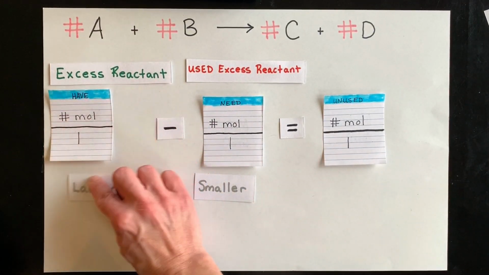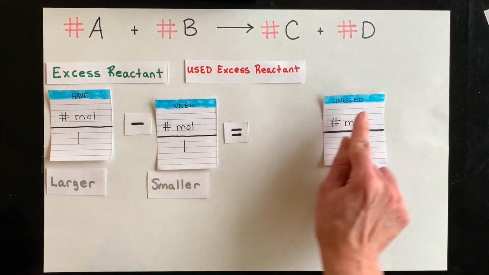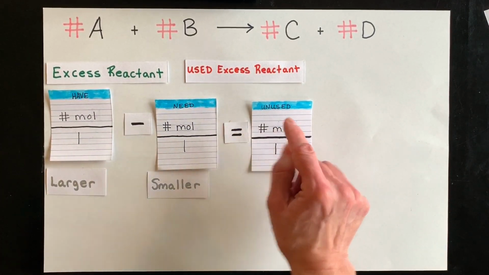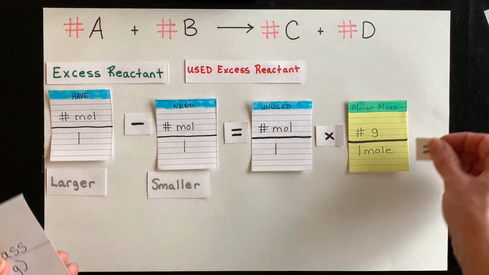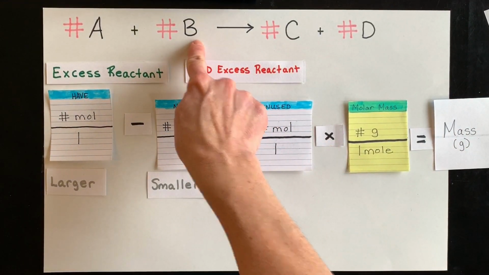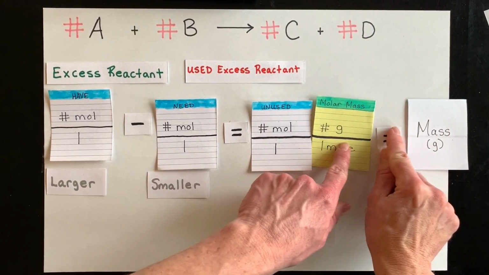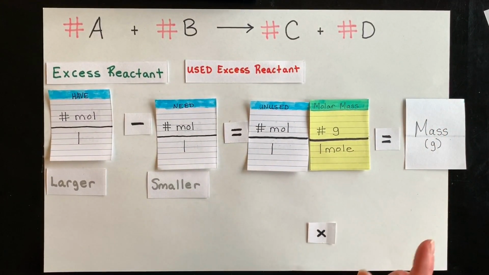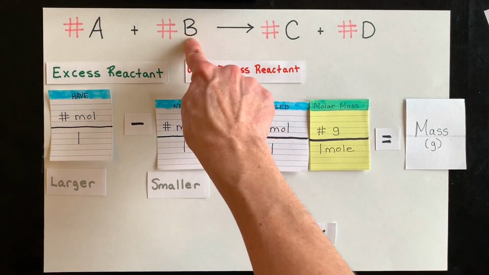After you get this done, there are usually two places that you're going to go. One is you can calculate the mass that's unused by multiplying this by the molar mass, which is then going to equal the mass of the unused reactant B. So that's the answer here. And again, you can always slide these together and have it like that, okay? The other thing that's sometimes asked is the mass that you did use.